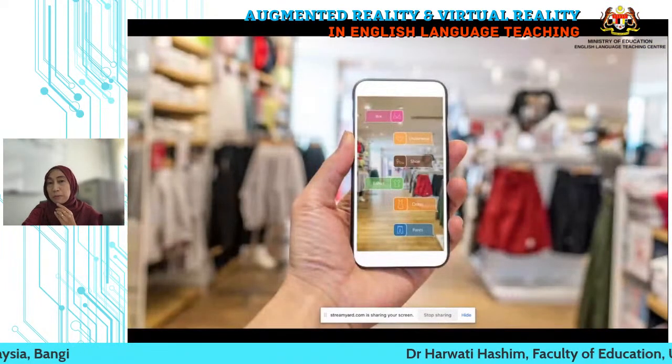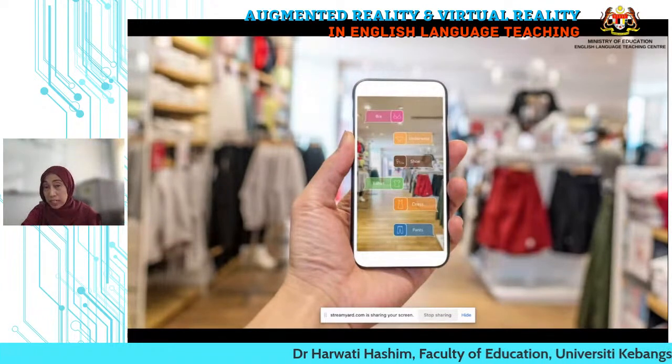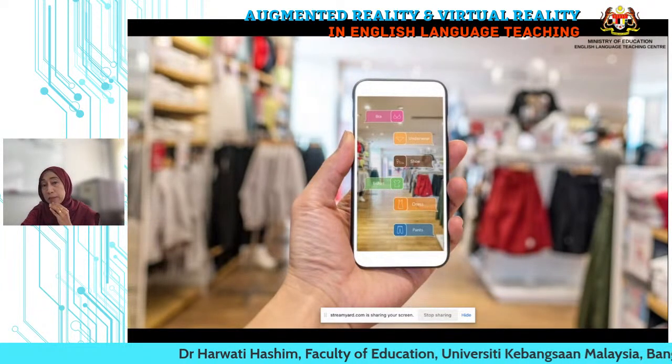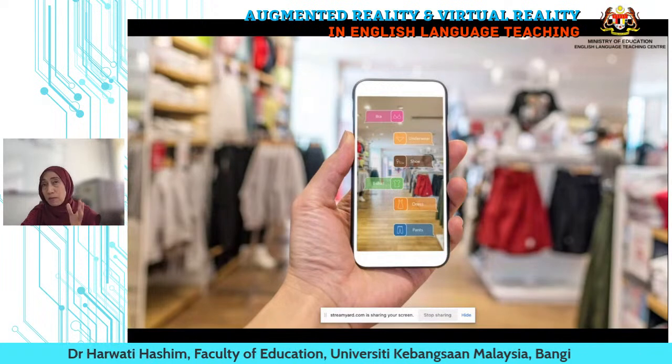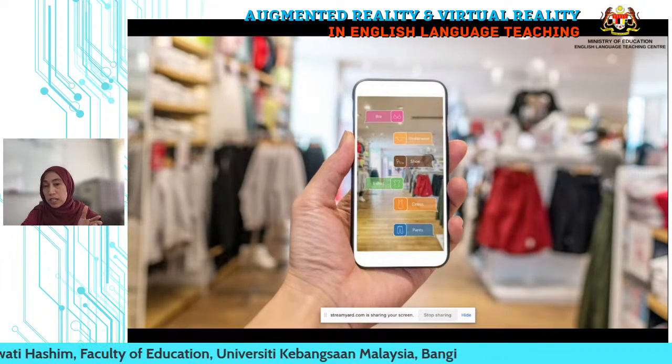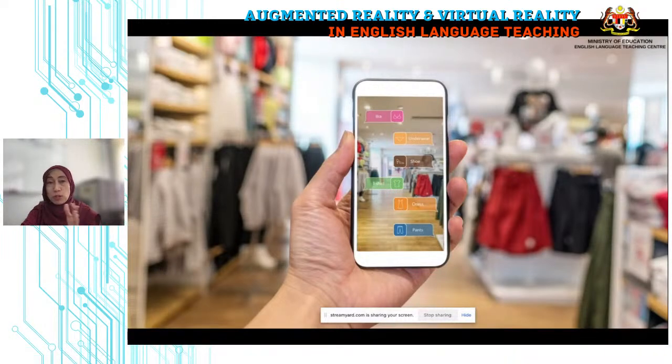This is another example of augmented reality in marketing, where customers who want to find products use this technology. Where do we go about looking for products? So this is another example.